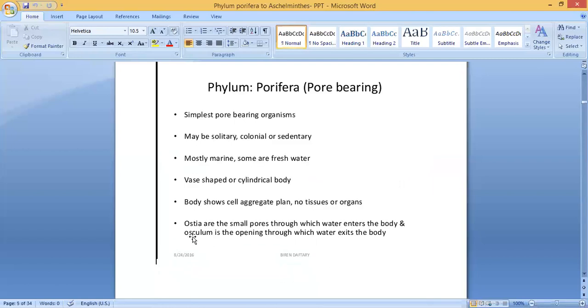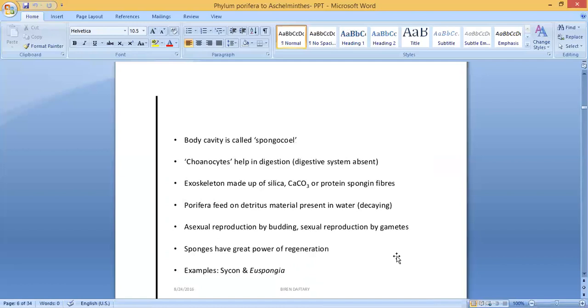So ostia are the small pores through which water enters the body, and osculum is the opening through which water exits the body. Then the body cavity is called spongocoel. Just now I showed what the body cavity is. Choanocytes help in digestion. The digestive system is absent, so they don't have any organ systems like us.